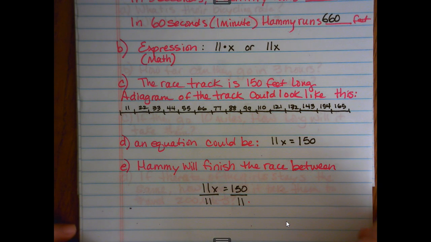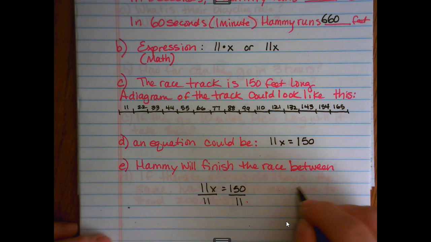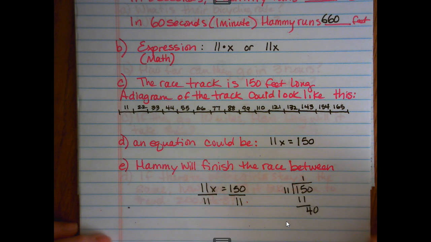And I did not bring my calculator down with me, so let's take a look at 150 divided by 11 goes in there 1 time, and 11 goes into 40 3 times, 33, and then we would have 7 come out of that subtraction, bringing down the 0, and we would be able to do this probably pretty far and indefinitely.